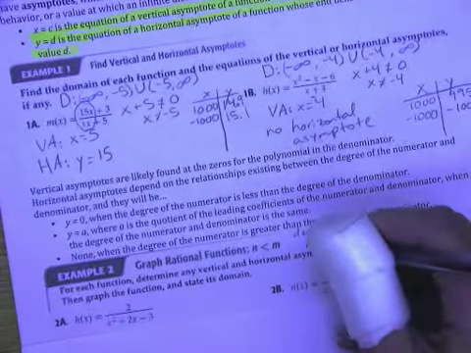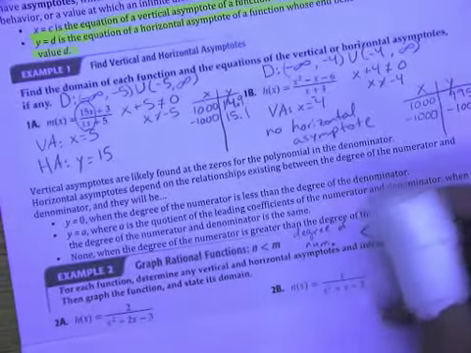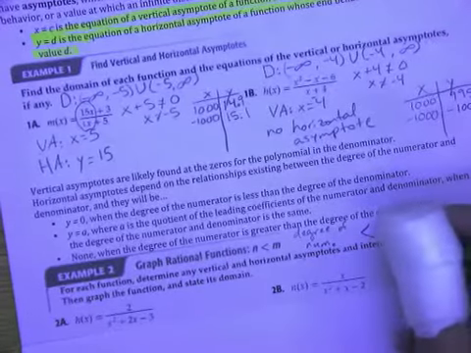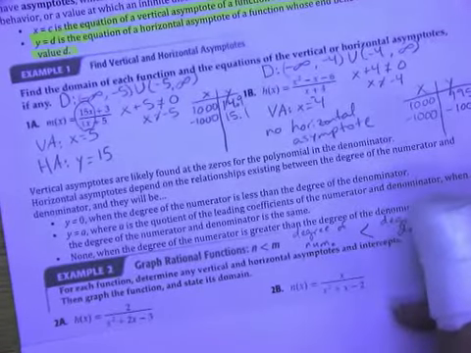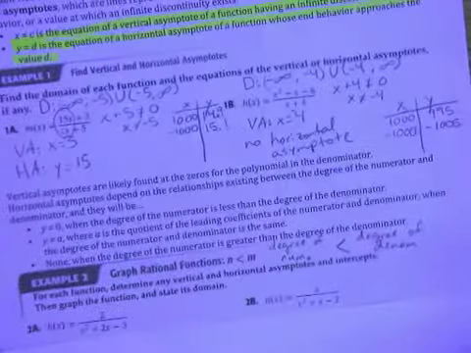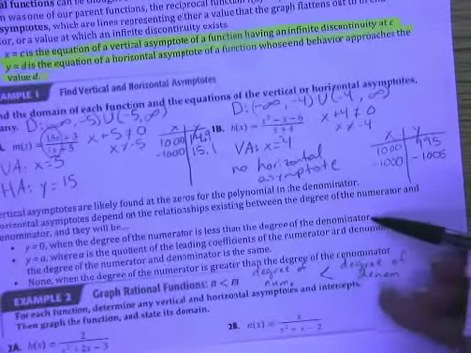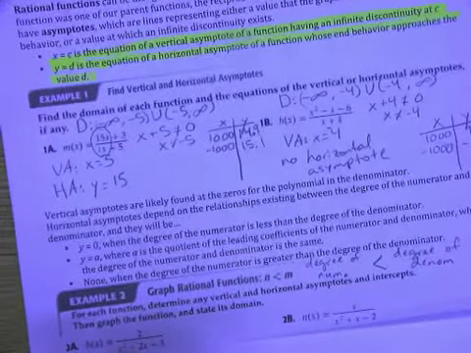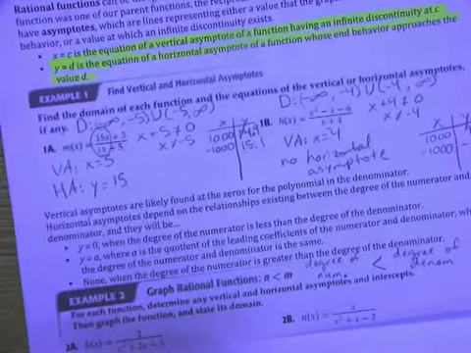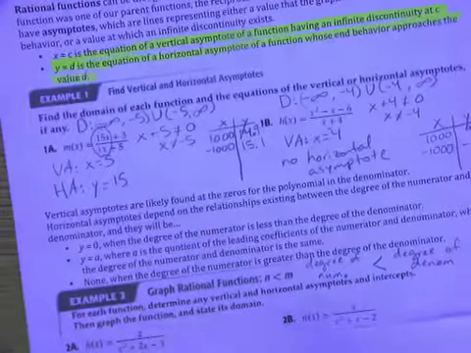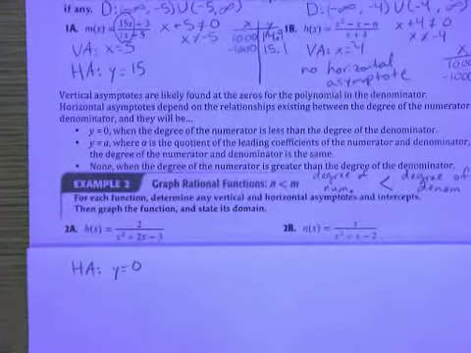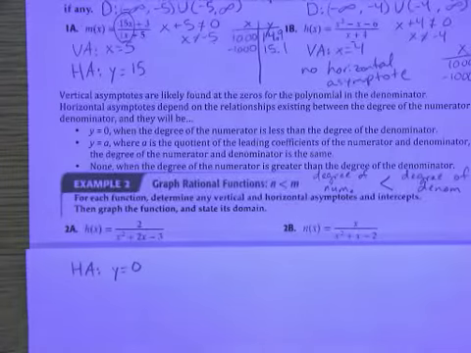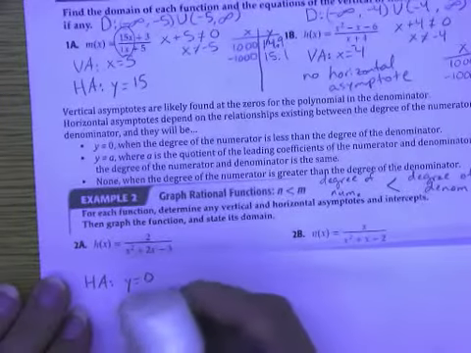For each of these functions, notice that they're telling us that n is less than m. In plain old English, that means the degree of the numerator is less than the degree of the denominator. Well, I already told you back here that when that's the case, my horizontal asymptote is y equals 0.